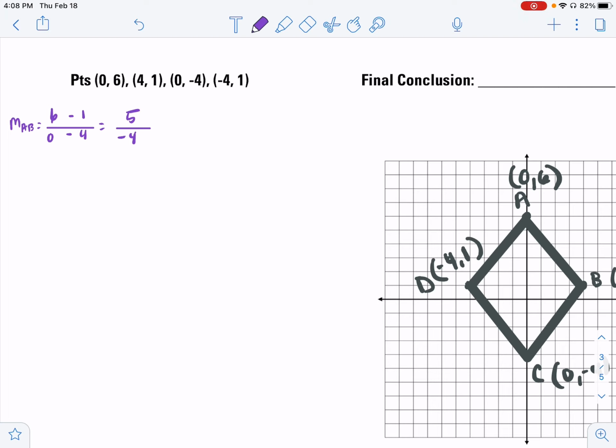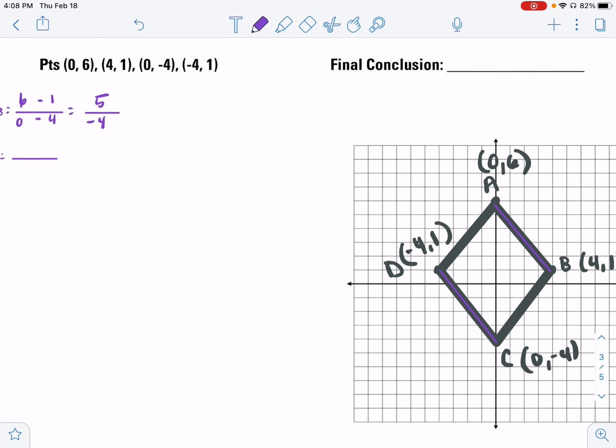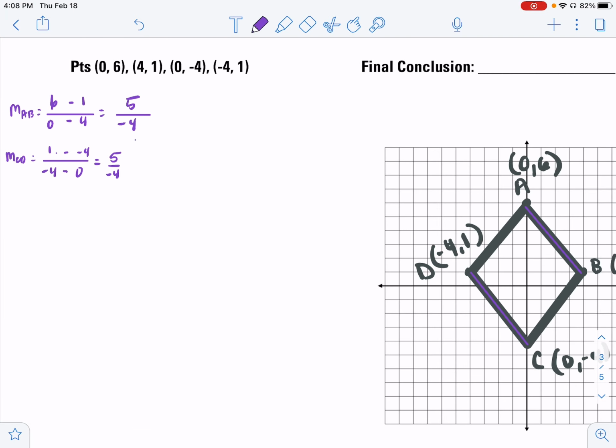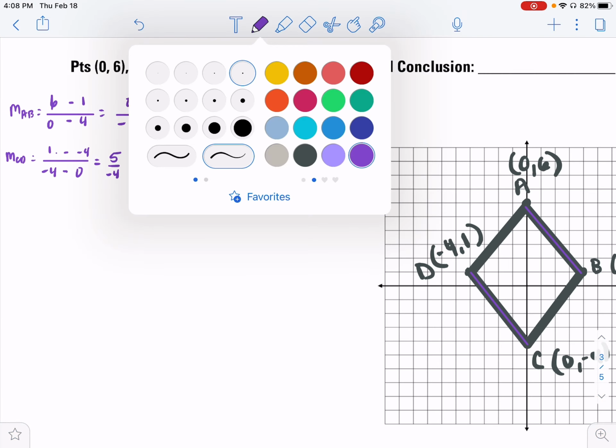And so I want to see, is AB parallel to CD? So that's the very next one that I check. And we get 5 over -4 again. So yes, these ones are parallel.